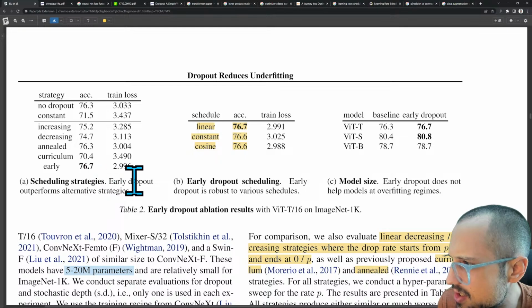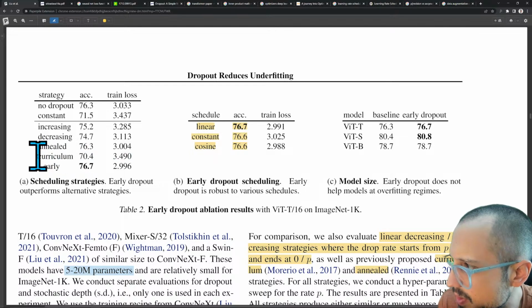Scheduling strategies. Early dropout outperforms alternative strategies. So these are different types of, is this talking about curriculum learning? Oh, okay, no, these are just with respect to dropout rate.